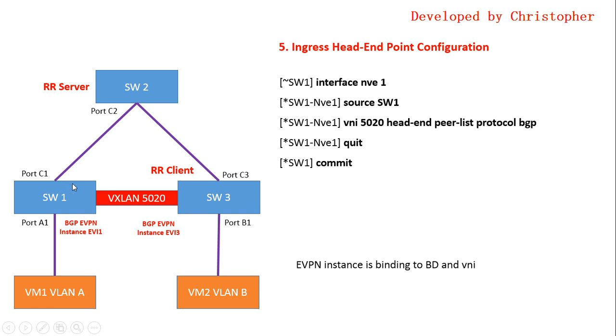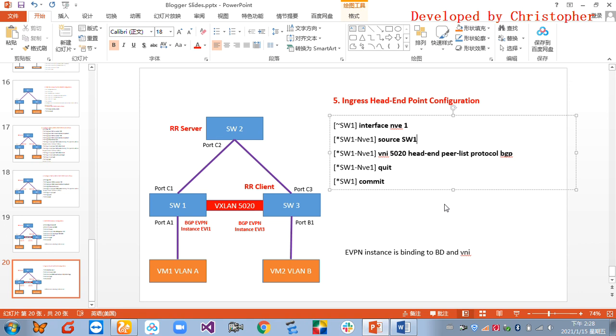If VXLAN 5020 has several switches involved, you will configure the head end peer list. For example, if you have switch 2, switch 4 or 5, you will specify their IP addresses here. And then finally, you will see that the list of VXLAN tunnels has been established.